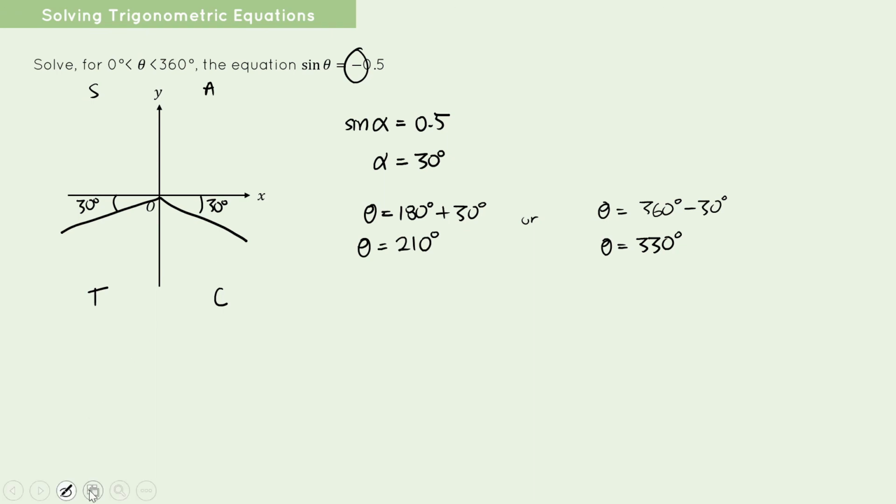I considered the domain carefully because we're only considering from here to here, 0 to 360 degrees.